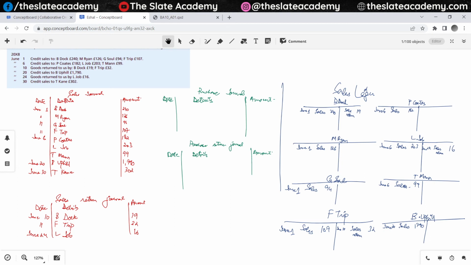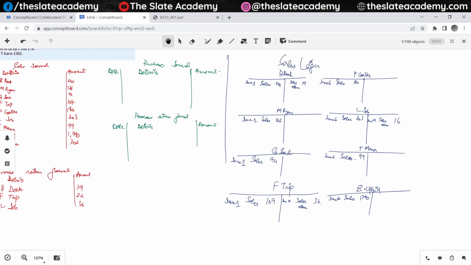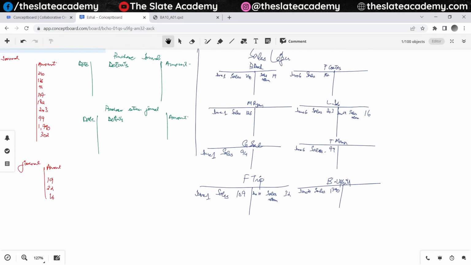Purchase ledger and purchase journal and purchase return journal. What do we have to do? Make T Kane's account. T Kane, and how much did I sell? 302, sales, and it would be June 30.